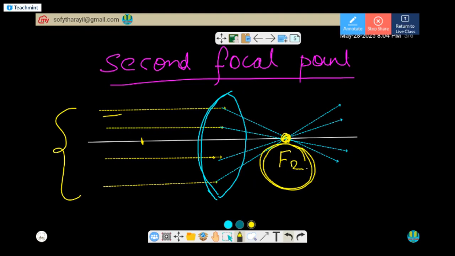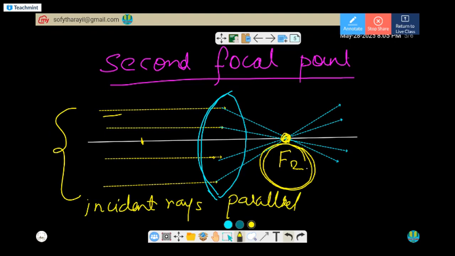So the condition for both will be parallel lines. Parallel lines means incident rays have to be, not necessarily that the lines are parallel to each other. These lines have to be parallel, sorry, they have to be parallel to the principal axis. So incident rays parallel to PA. PA I'm just writing short as I said, it's principal axis.